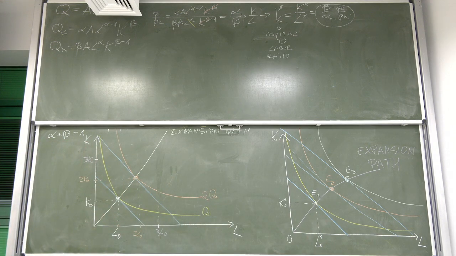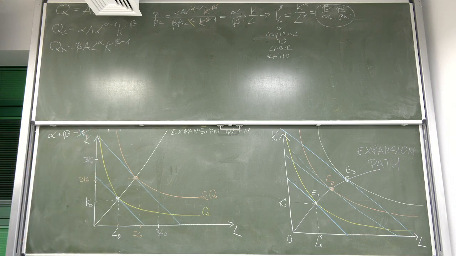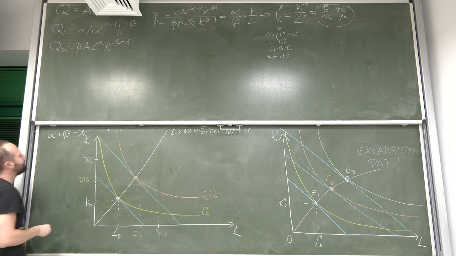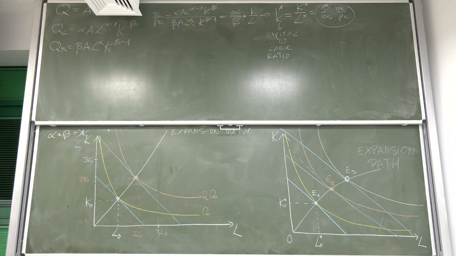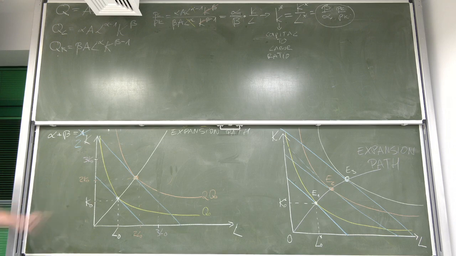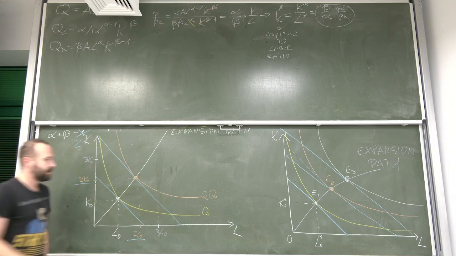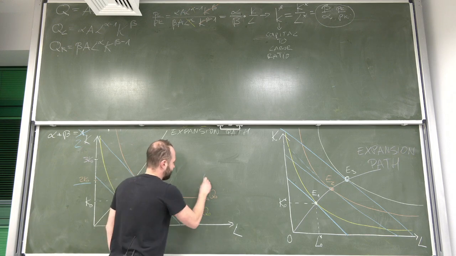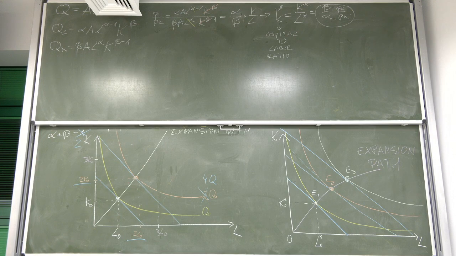Now, we might ask, what would happen here if instead of alpha plus beta being equal to 1, it would be equal to 2. Well, then, if I would double the labor and I would double the capital, I should expect to quadruple my output, right?